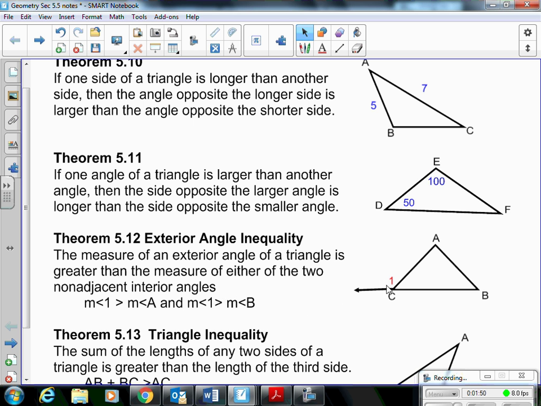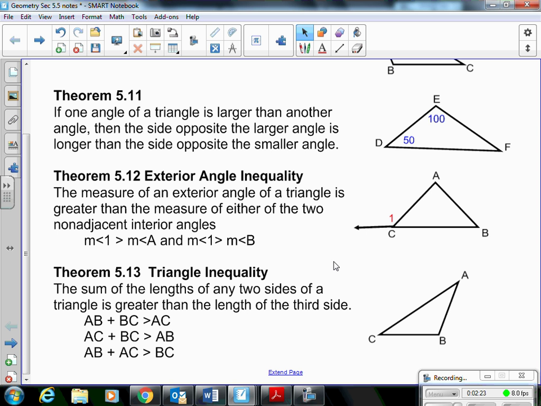So this measure of angle 1 is going to be greater than angle A, and the measure of angle 1 is also going to be greater than the measure of angle B. Which should make sense, because when we first learned about exterior angles, this exterior angle is equal to A and B added together. Right? The two non-adjacent interior angles added together equals this one. So this exterior angle by itself should always be bigger than either one of them by themselves.